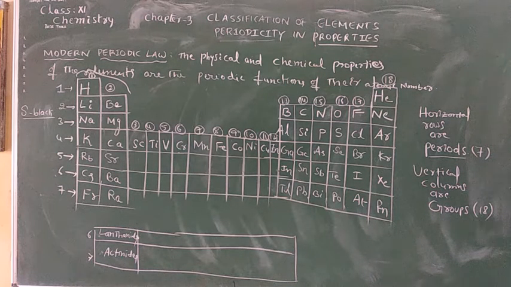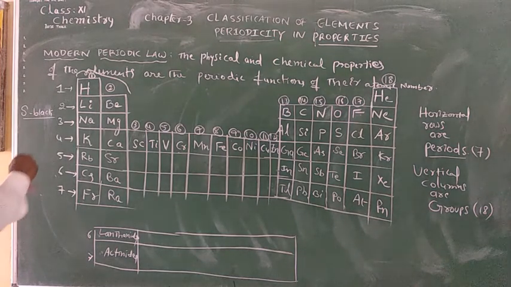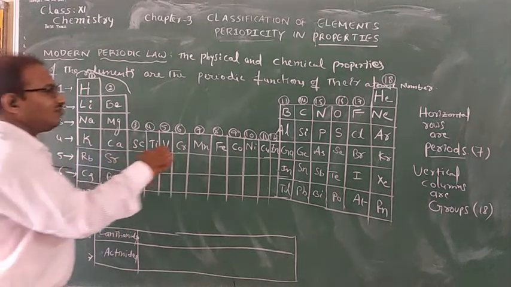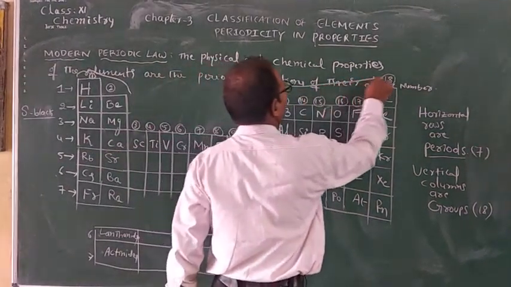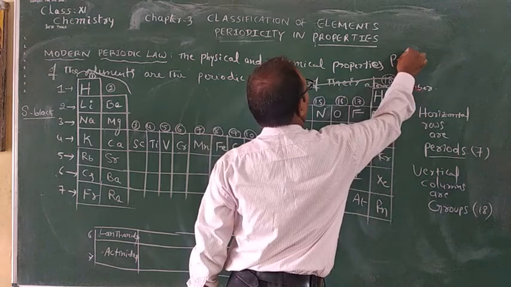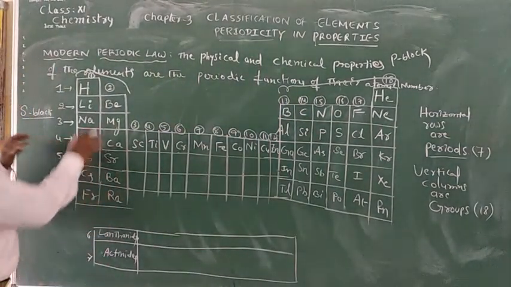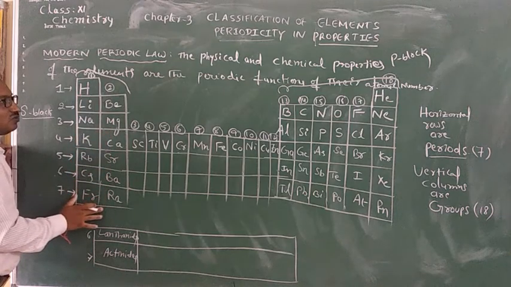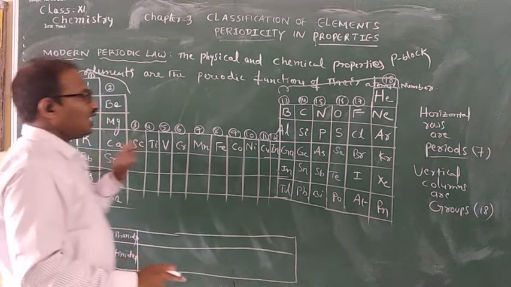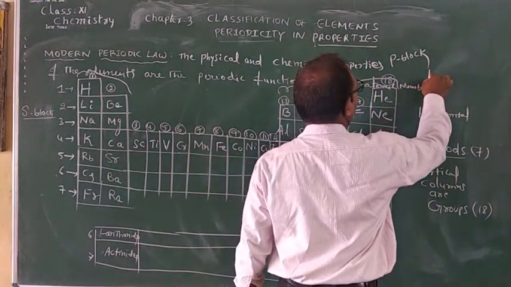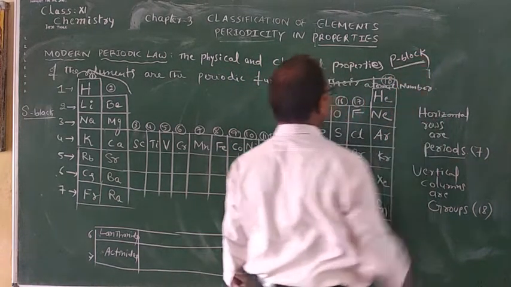Right, children? S block elements. Now, these elements are called P block elements. The first two groups are called S block elements, and the 13th to 18th groups are called P block elements.